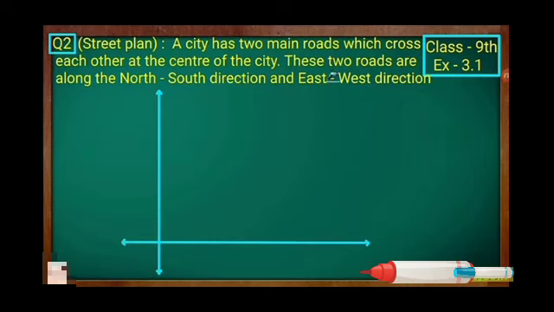We have to represent the coordinate pair here. So these two roads meet at the center of the city. Now this is the position of the directions east, west, north, south.